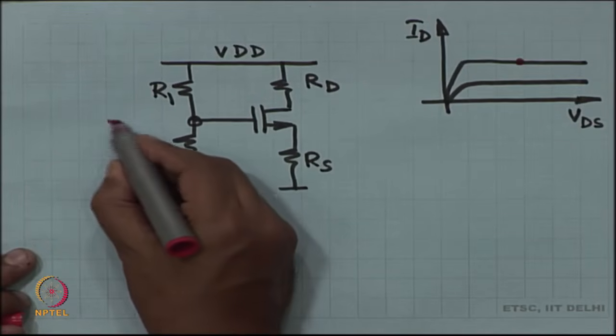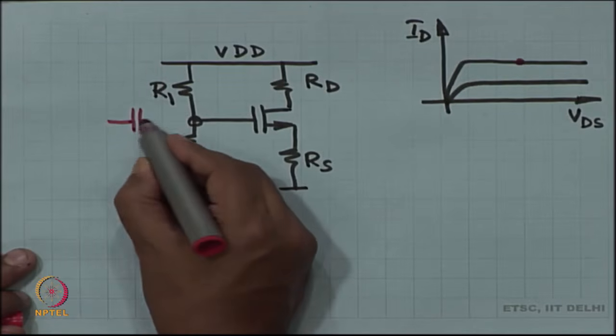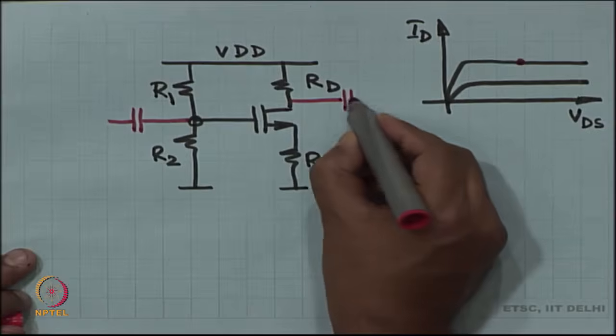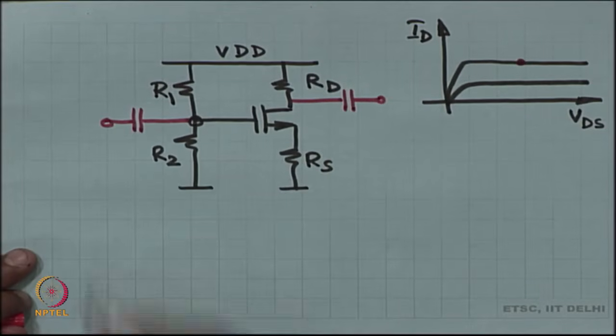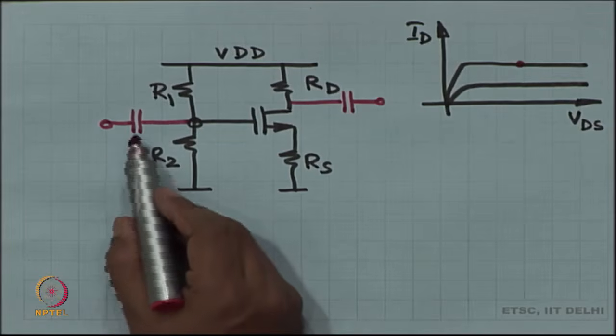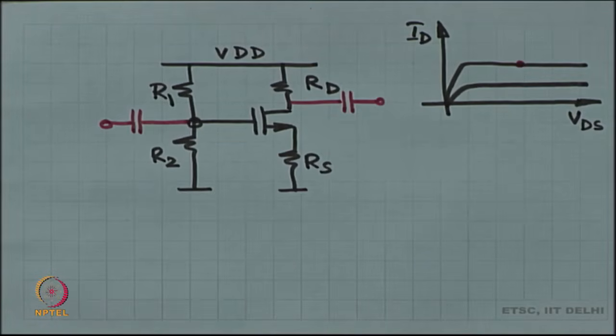So, these capacitors are going to be big fat capacitors. This big fat capacitor is going to work in a way that at DC it is an open circuit, all capacitors are open circuit at DC, and for the signal which is changing with time, this capacitor is going to behave like a short circuit. So, that is the plan.